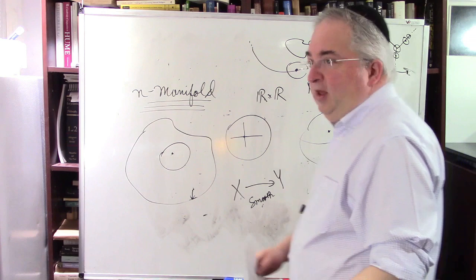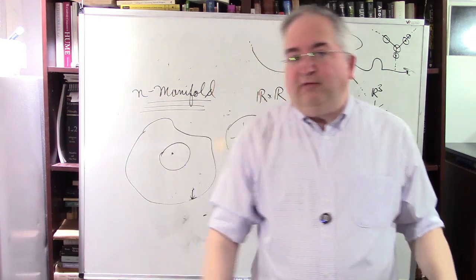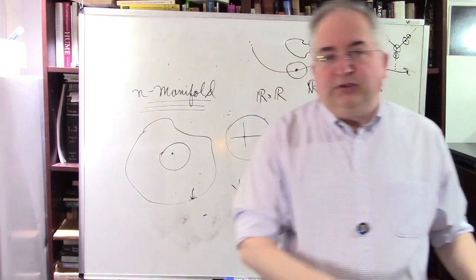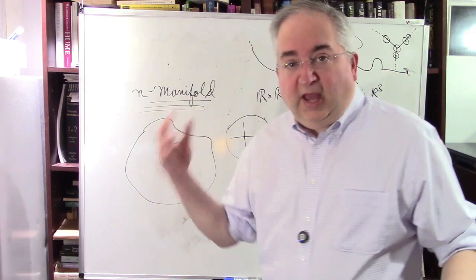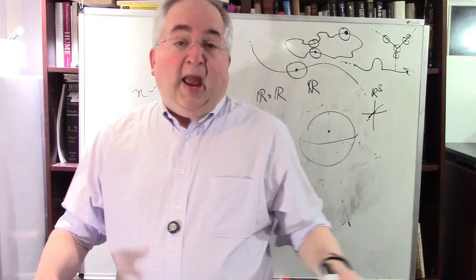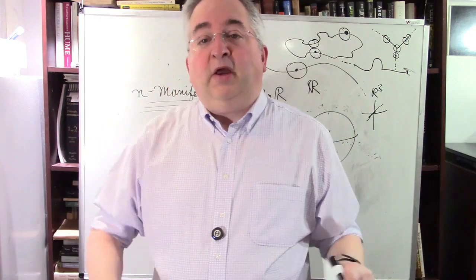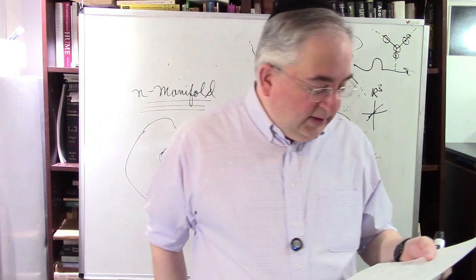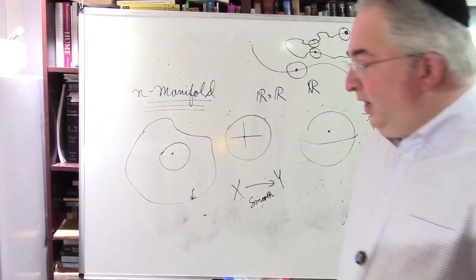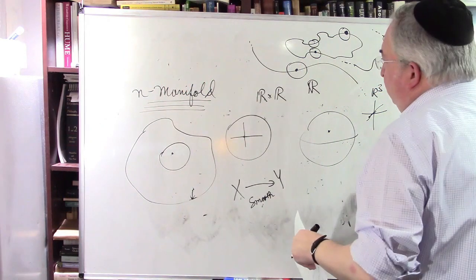So you have the category of one-dimensional manifolds, two-dimensional manifolds, three-dimensional, four-dimensional, n-dimensional, and you have all of them together, the category of all manifolds whatsoever. So lots of different examples of manifolds. Great, so that is perfectly legitimate.